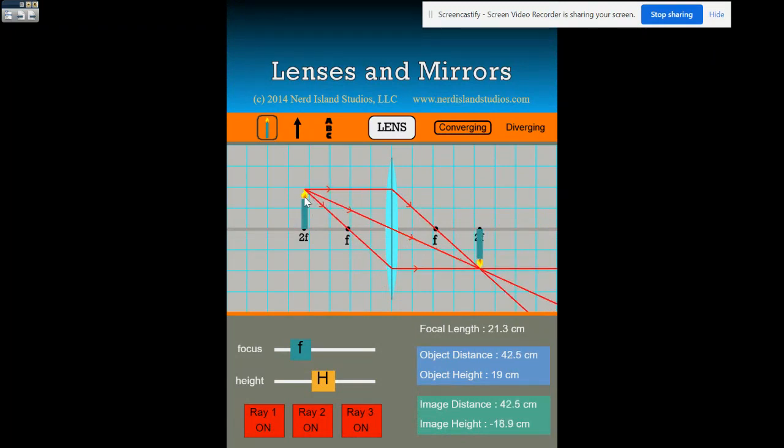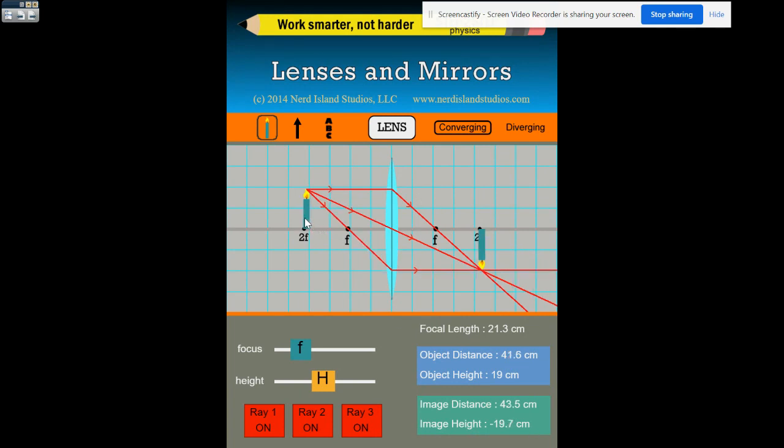So if I put the candle on the 2F, or the center of curvature, the image is also at 2F, the center of curvature, and they are exactly the same distance apart, and they are very close to the same size. The only reason that the image height is negative on this one is because it's an inverted image. And we can move the candle, and we can see what happens.